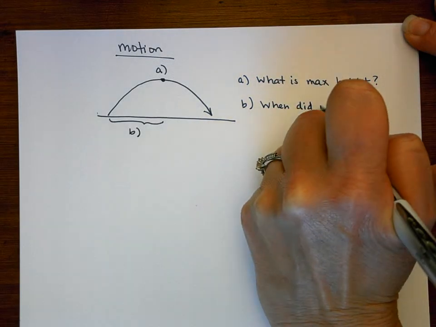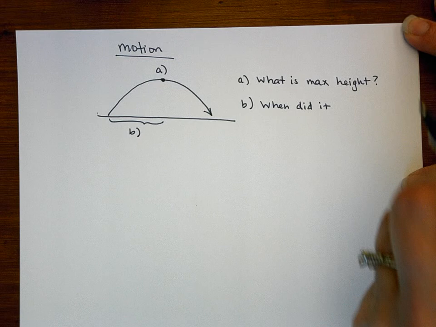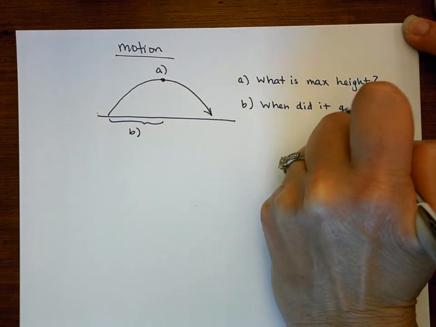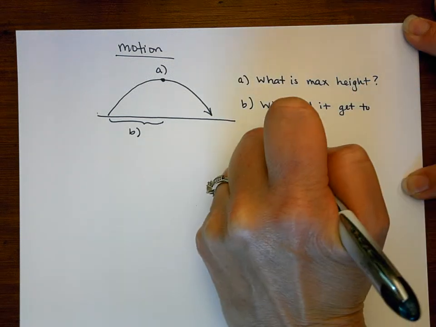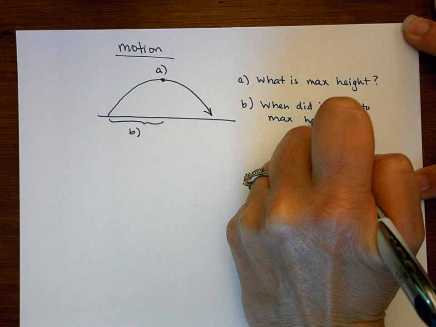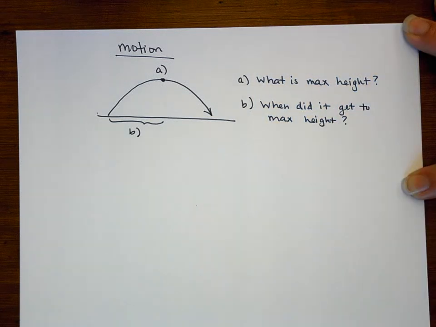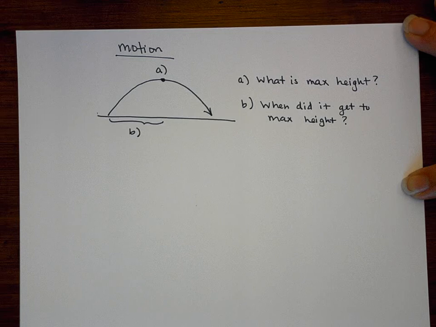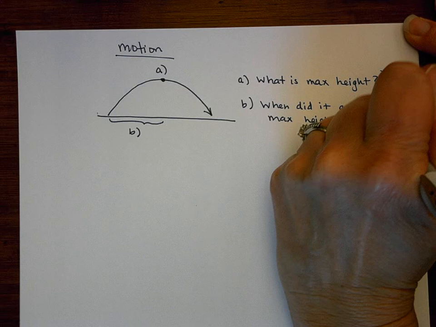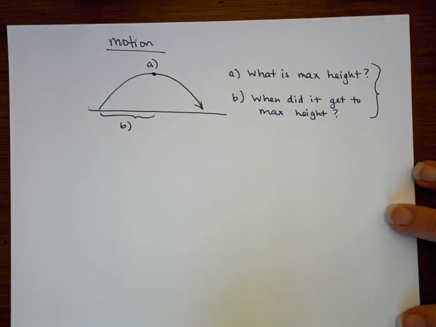I'm just going to use the word it because it could be all kinds of things. And both of these questions are answered by finding the vertex of your parabola.